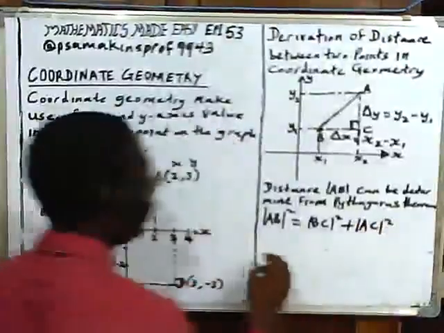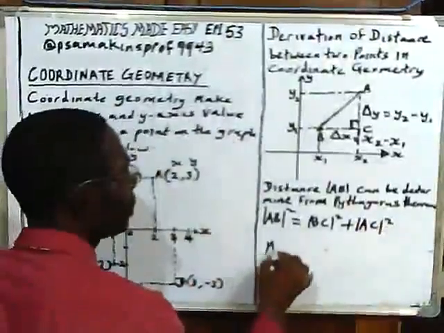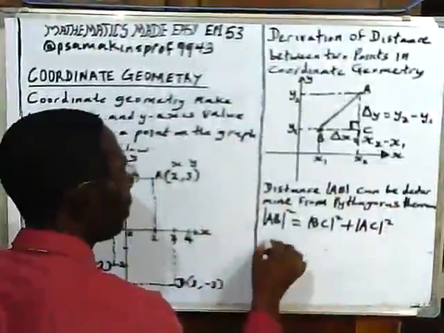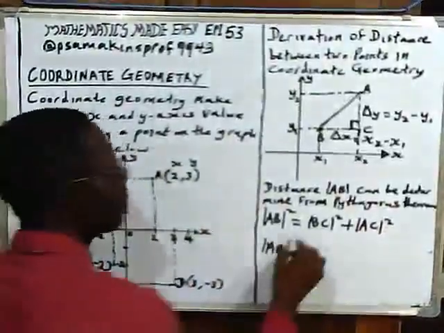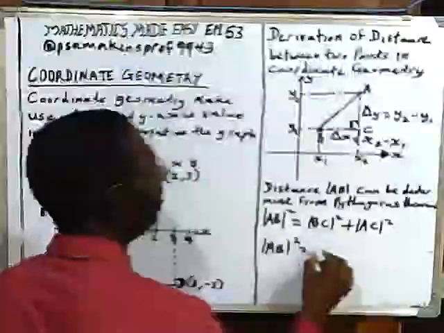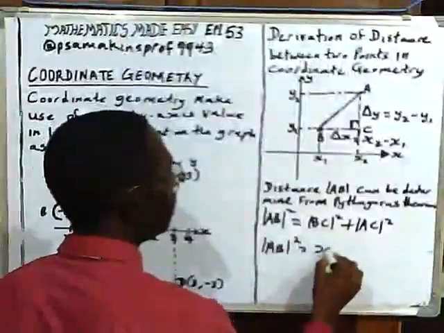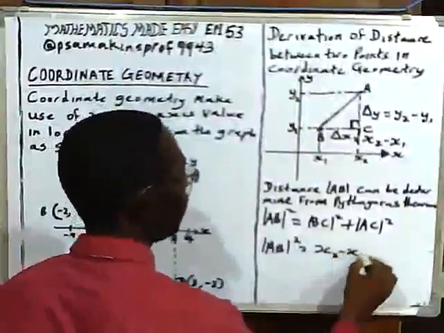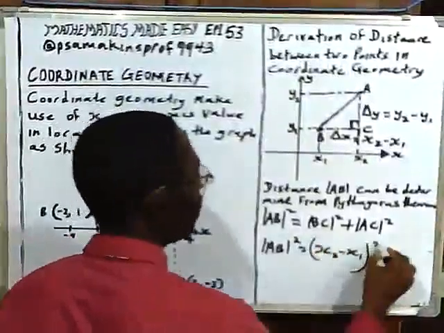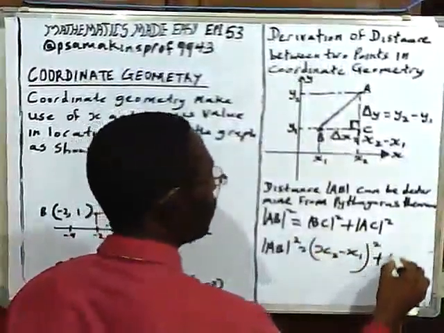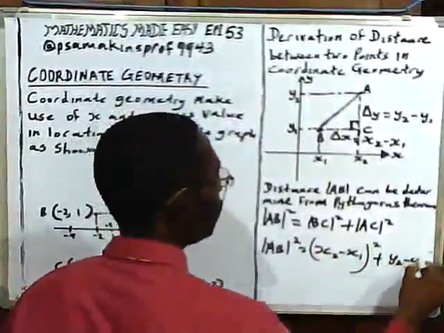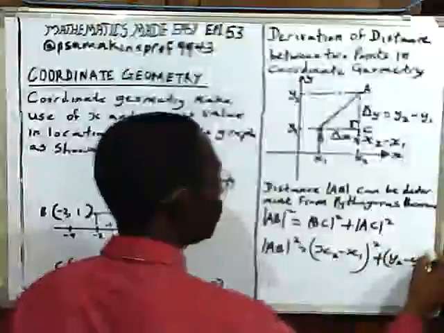So if we introduce the variables, AB squared will now be (x2 minus x1) all squared plus (y2 minus y1) all squared.